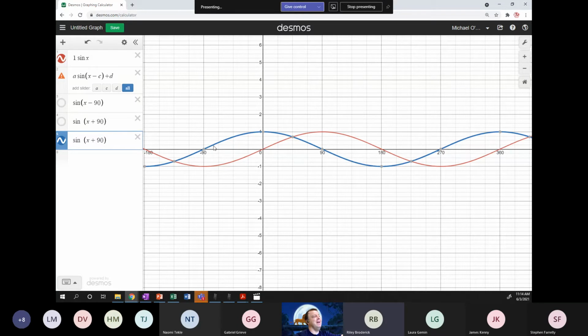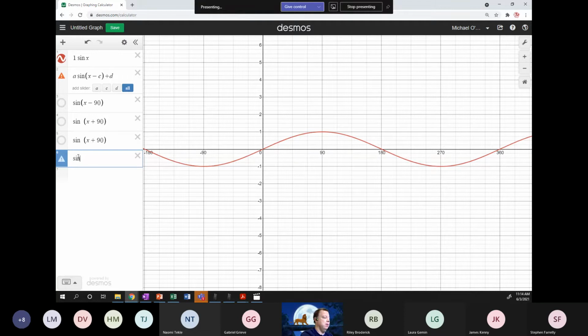Okay. All right, let's get back here. So, it shifts right or left. That's what the 90 does. Okay, the plus or minus. Now, I could even go sine bracket x minus 180. If I go minus 180, am I going to shift to the right or shift to the left?